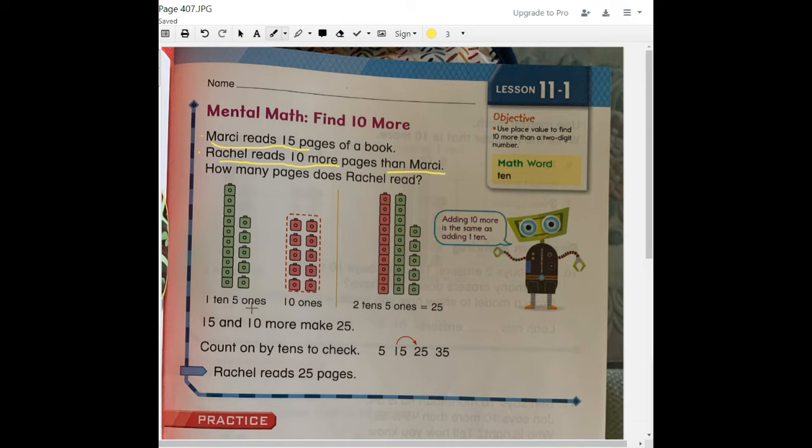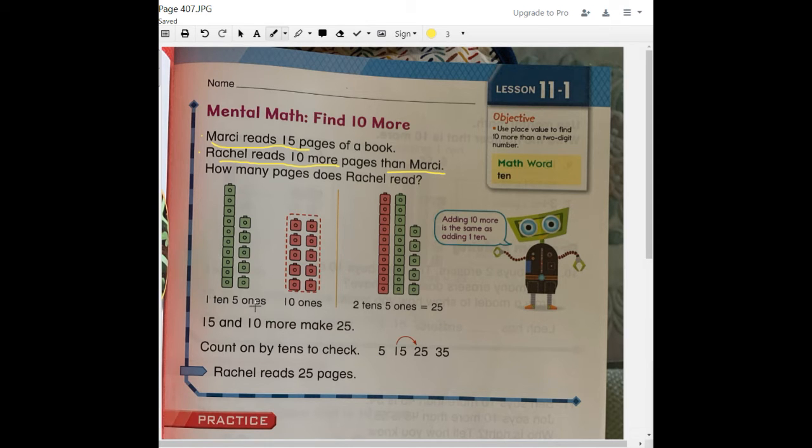So it's like 1 ten and 15 ones. And over here is showing you 2 tens and 5 ones. Are they both the same amount? Yes. It's just a different way of showing it.